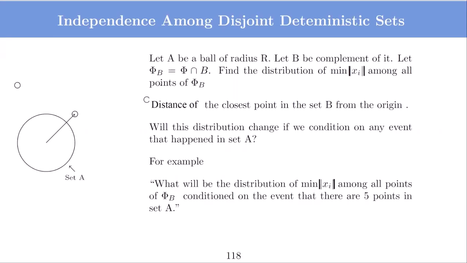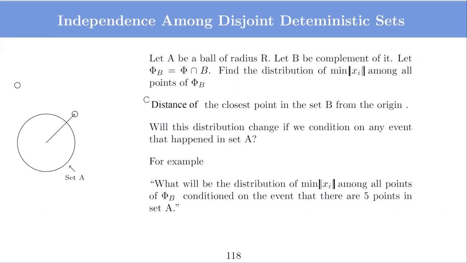If there are 4 points, then it will be the 5th point. So the number is changing depending on what is happening in A.